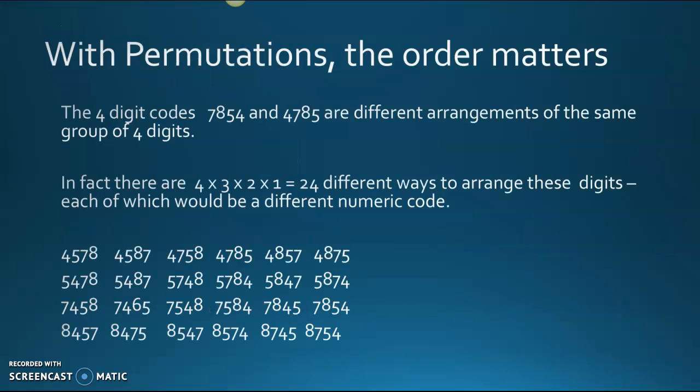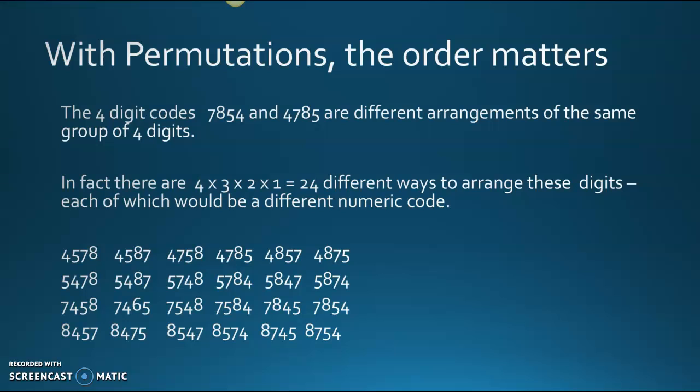Now, with permutations, the order matters. When you talk about arranging things, it matters what order you put them in. When you talk about a password or a digital code, it matters what order you put things in. We have 4-digit codes. The 7854, 4785 are two totally different arrangements of the same group of 4 digits.